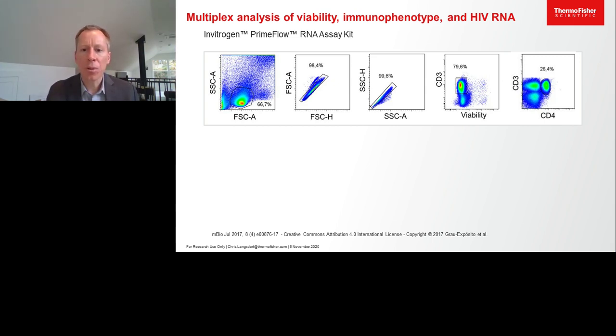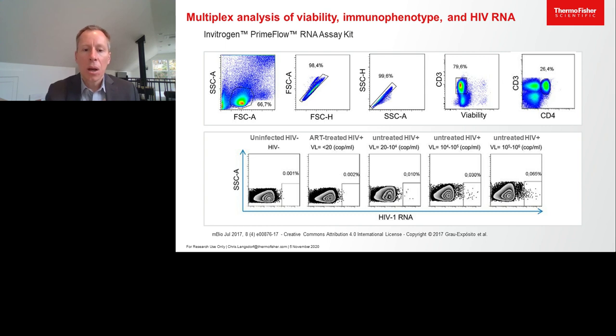And this is compatible with both immunophenotyping and a range of other functional dyes, such as viability. So, for example, using an HIV model, we can use a standard gating scheme to identify our live helper T cells, as shown in this sequence. And then in those live helper T cells, we can ask how much HIV-1 RNA is present in each of those, a variety of different samples.